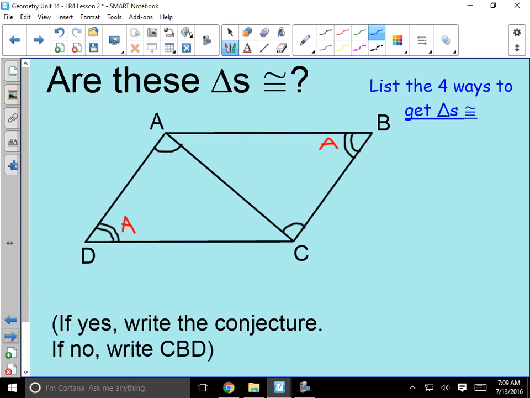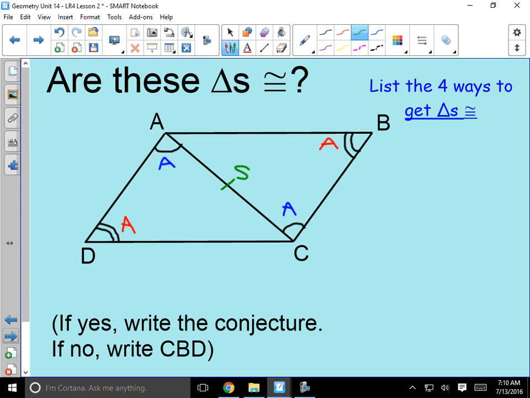We know that this angle and this angle are congruent based on tick marks. And then we're always looking for those hidden pieces. We have a hidden piece here. Take a second and see if you can find what the hidden piece is. The hidden piece is the shared side between those two triangles.